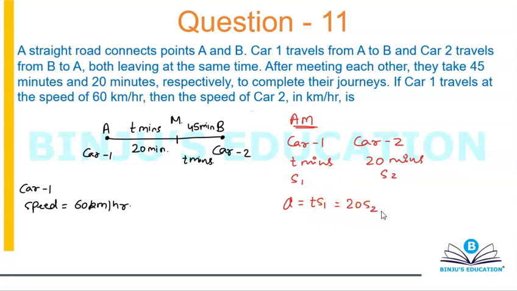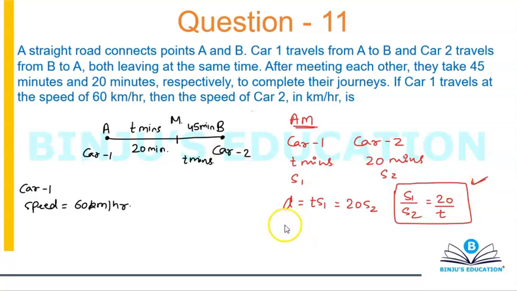Both the times are given in minutes, so I don't have to worry about converting them. I'm considering S1 and S2 to have the same units, so I don't have to worry about their units either. So D equals T S1 equals 20 S2, which means S1 divided by S2 will be equal to 20 divided by T. This is my first equation: S1 by S2 equals 20 divided by T.